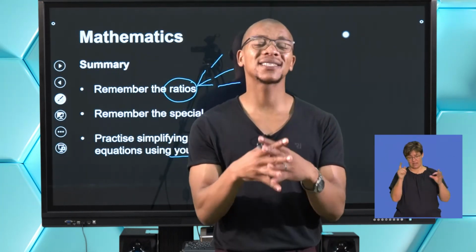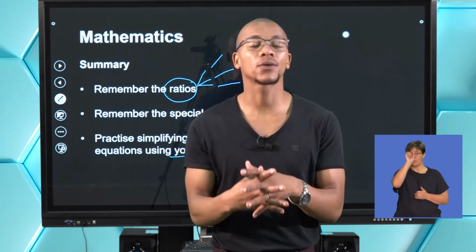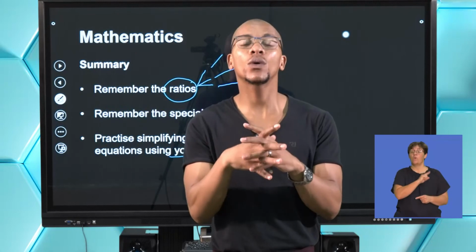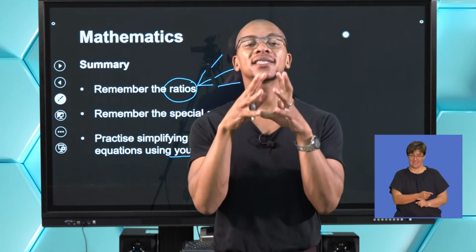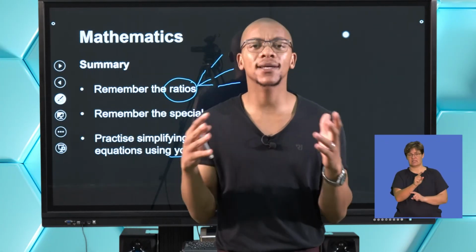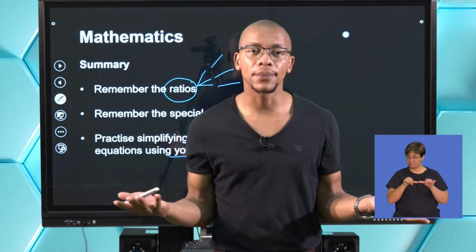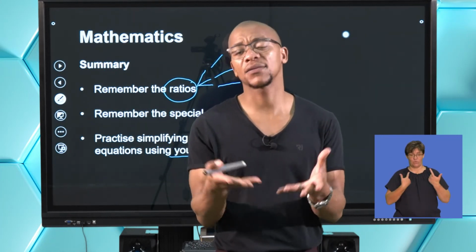I hope that clarifies all the concepts that we've been trying to talk about, guys. Remember that we only do this if it's a right-angled triangle. That's the main thing. At this point in time, that's the only triangle we're going to be talking about, especially at this particular level of mathematics.